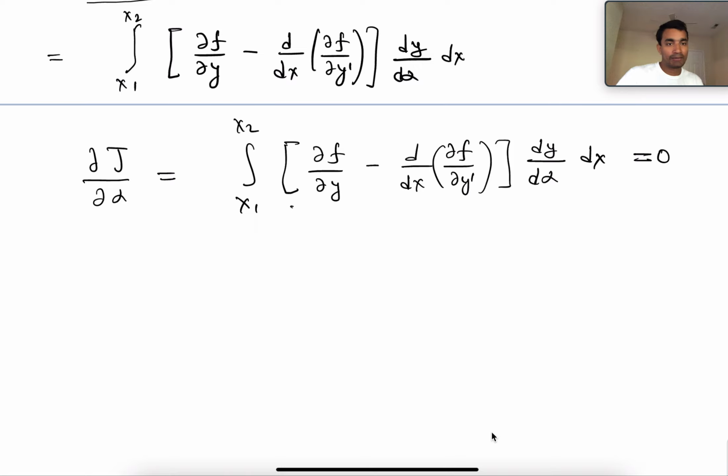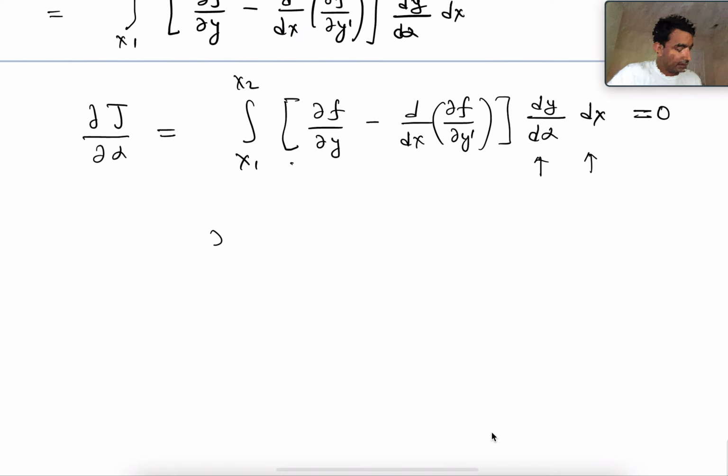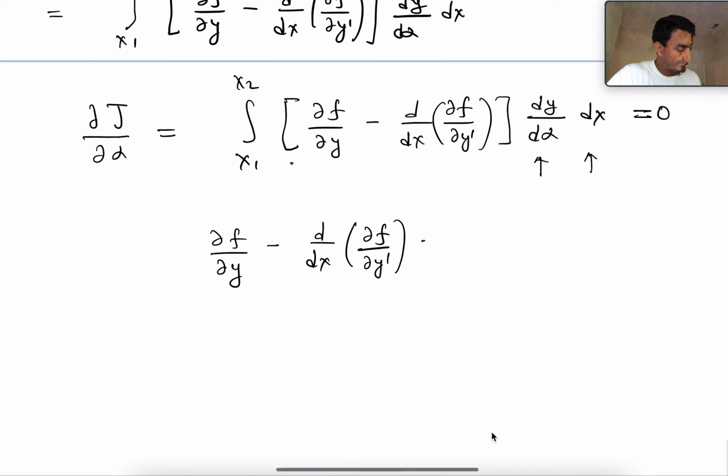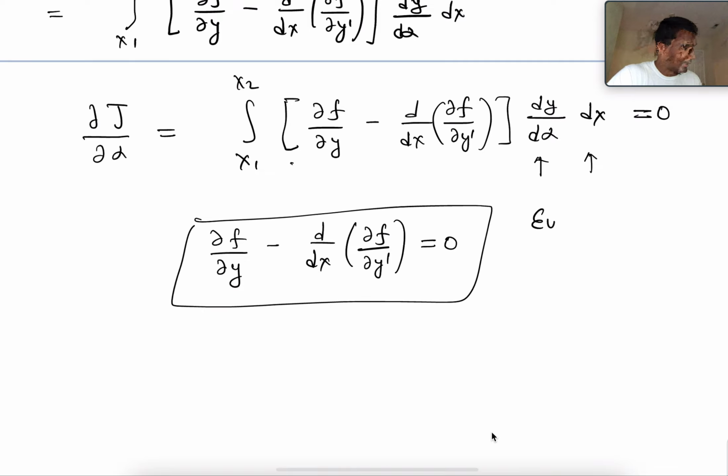So we can construct it in such a way that dy by d alpha is not equal to 0. So since we can construct it in this specific way, that this is not equal to 0 and this is not equal to 0, the only possibility which remains is that this quantity, which is del f by del y minus d by dx of the partial derivative of f by partial derivative of y prime, must be equal to 0. Okay, and this is our Euler-Lagrange equation.